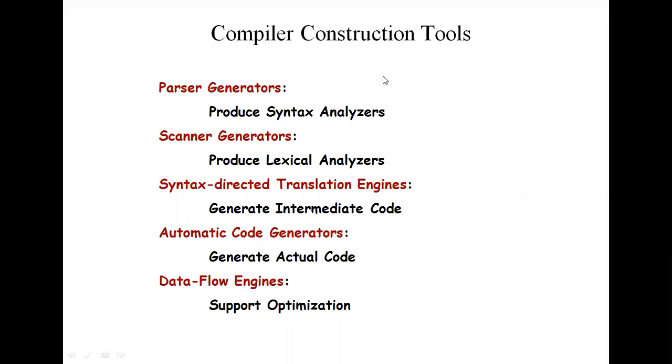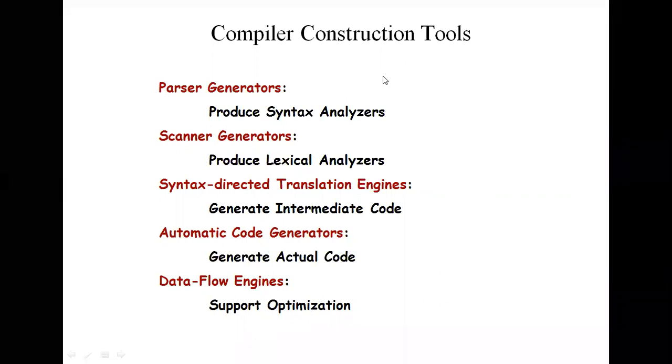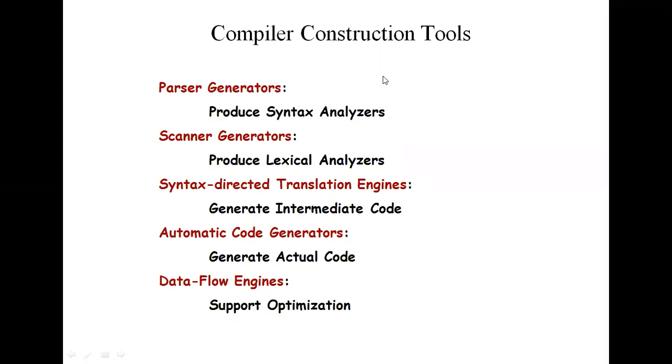If asked to explain compiler generator tools, translator writing system, compiler tools, or compiler construction tools, you need to explain all these 5. The answer is the same for the question asked in 4 ways: compiler construction, compiler generator, and finally translator writing system.